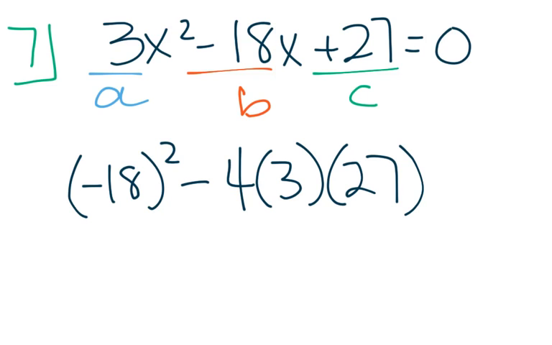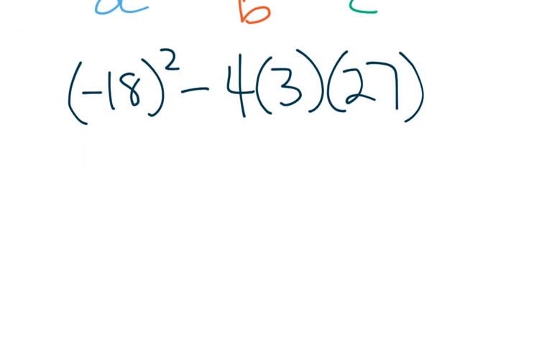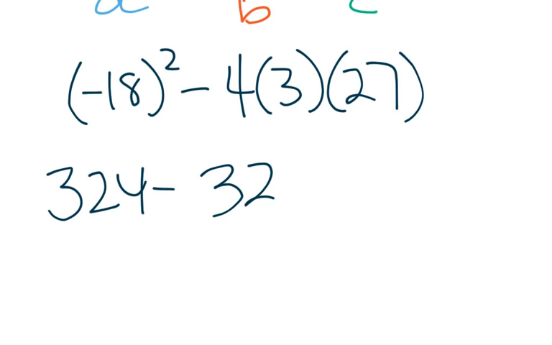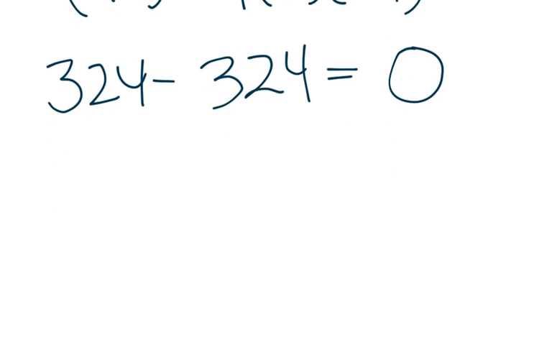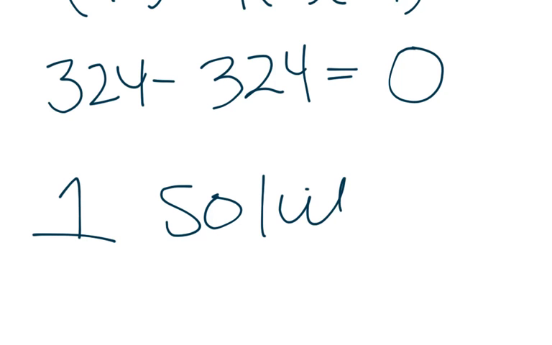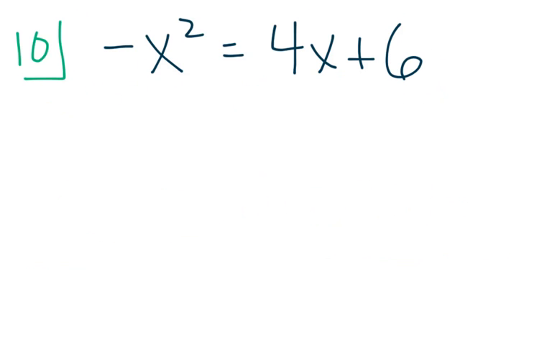So we find 18 squared, which is 324, minus 4 times 3 times 27, which is 324. And 324 minus 324 is 0. This doesn't mean that there's 0 solutions. What this means is that there is one solution.